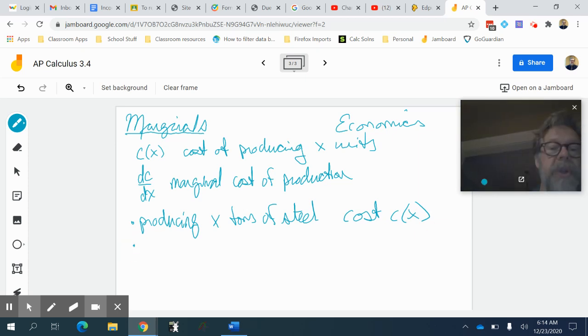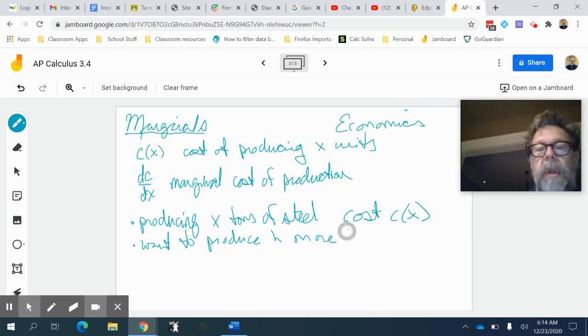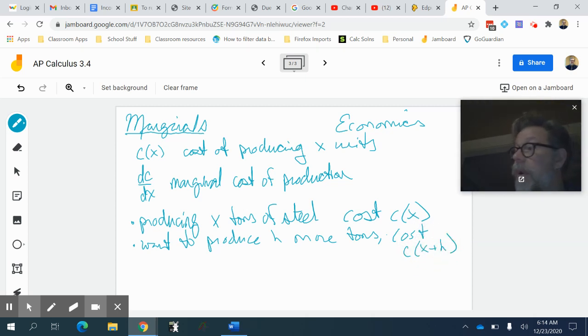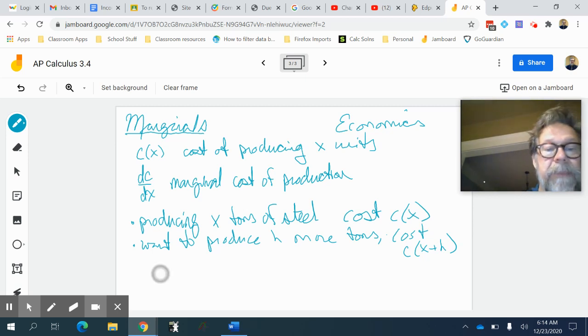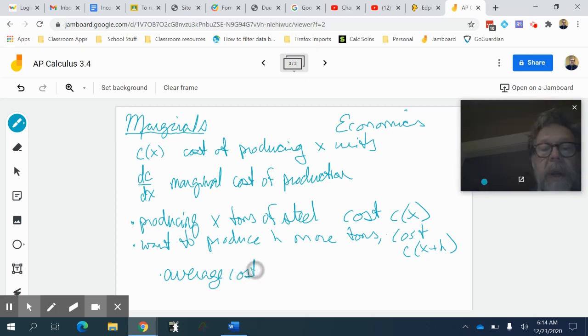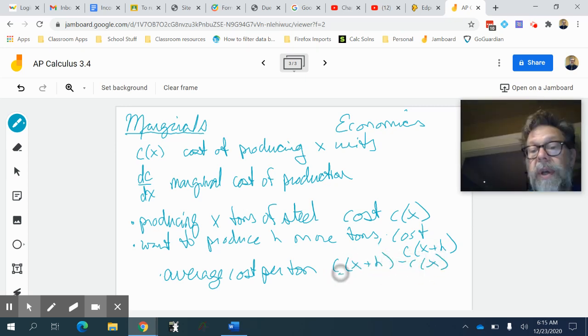And you want to produce h more tons. Well, the cost of that is going to be C of x plus h. So the marginal cost of production, actually take that back, the average cost per ton of your increased production is C of x plus h minus C of x, the change in cost, divided by the change in tonnage.